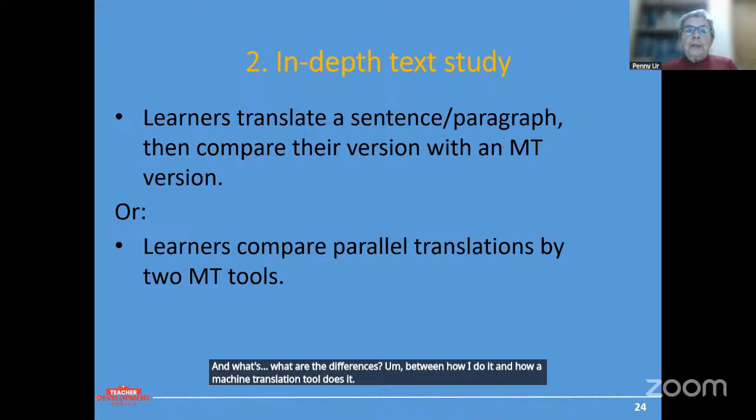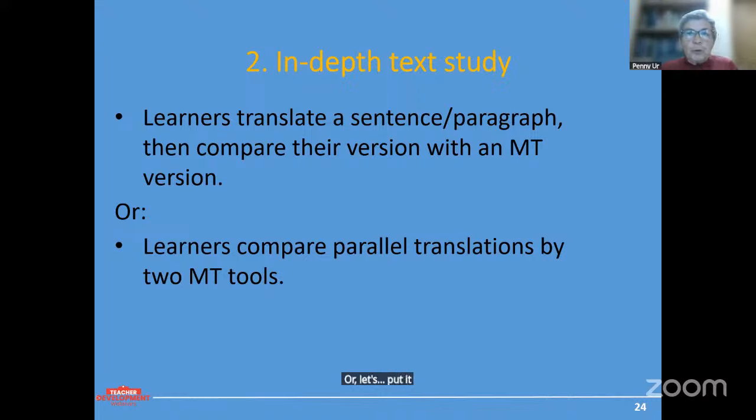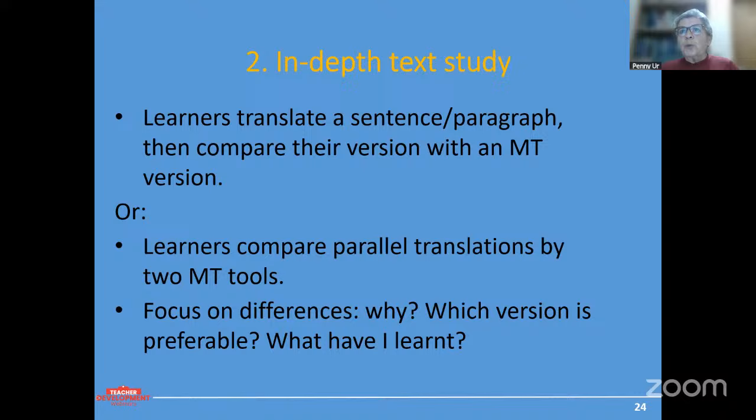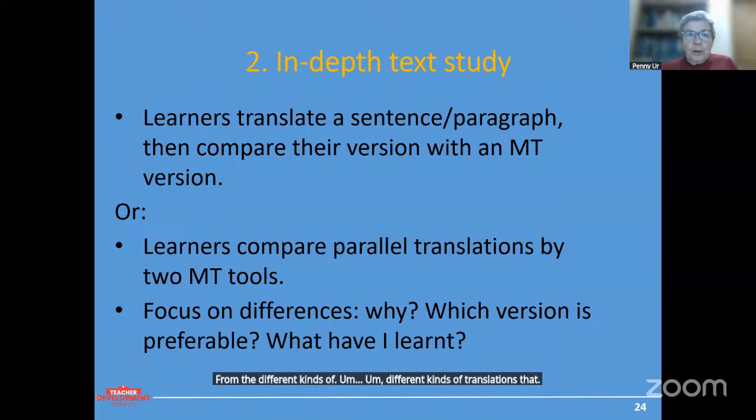Or let's put it into two different machine translations and compare to see what the differences are, what version is preferable, and what have I learned from the different kinds of translations that AI used in one program as opposed to the other.